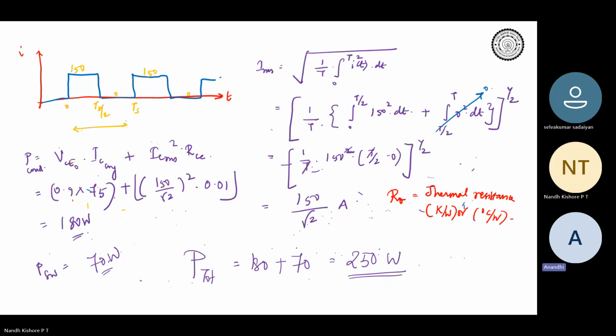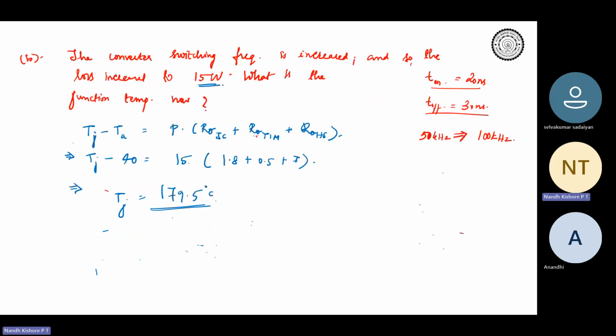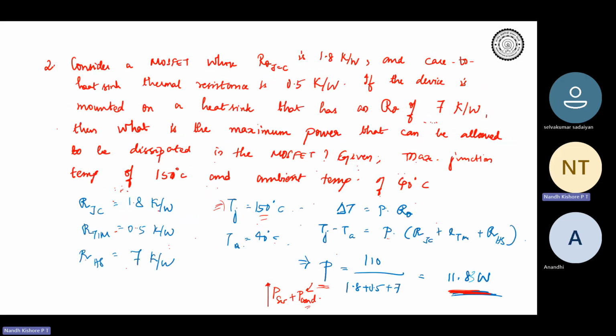So as I was telling, in the second part, the switching frequency increases, so the loss increases. The new junction temperature is 179.5. But see, in the first part of the question, they have told that the maximum junction temperature is 150 degrees, right? If you operate like this at 15 watt, the temperature exceeds 150 degrees.